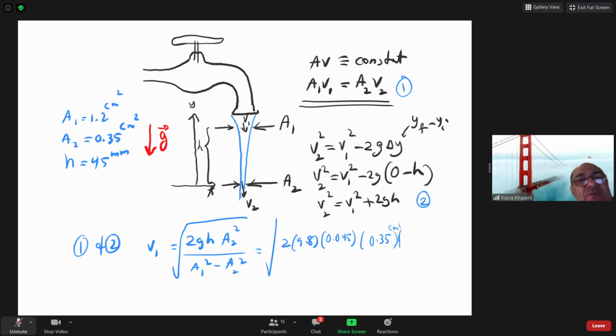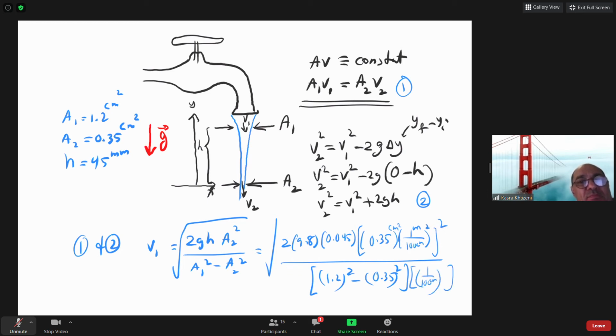We have to do a factor here. 100 centimeters is 1 meter. And we square that, and we do the same thing at the bottom. Okay, and of course, you do all that, you get this number.